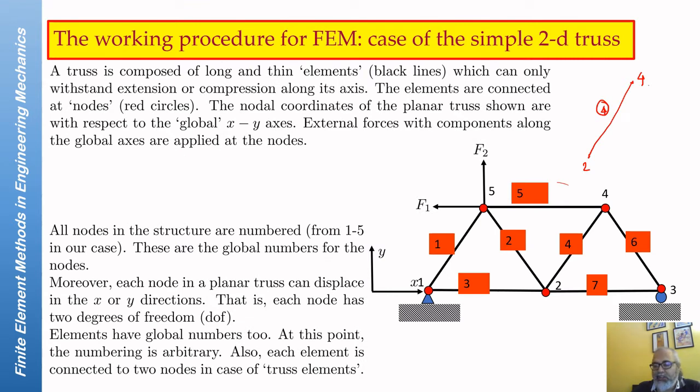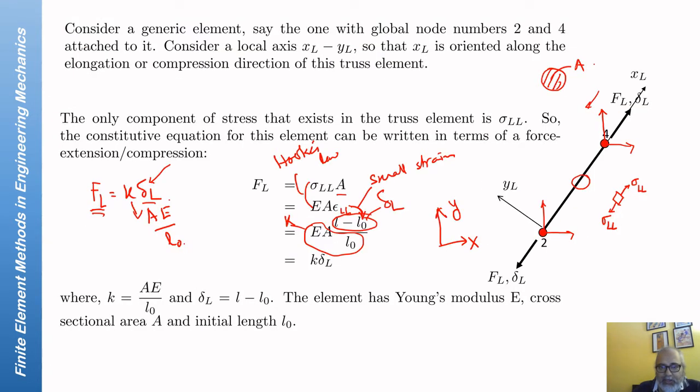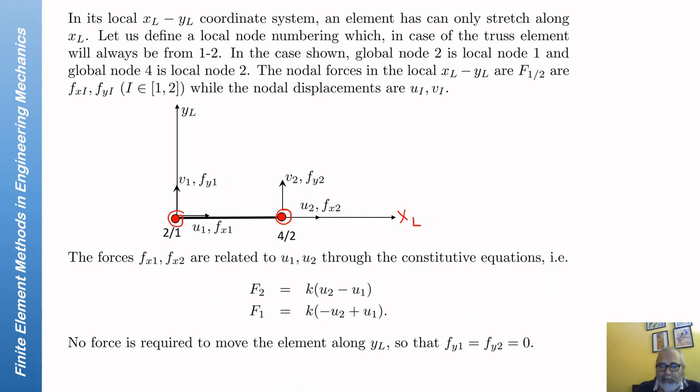So the local numbering of the nodes will be 1 and 2 in this case. The global numbering may be something else, but the local numbering will always be 1 and 2. So let's call global node 2 local node 1 and global node 4 local node 2.